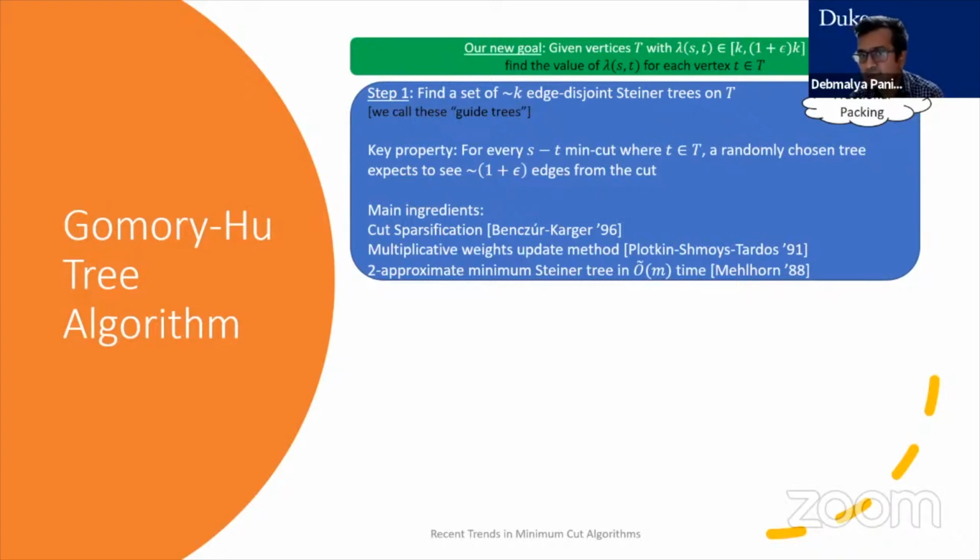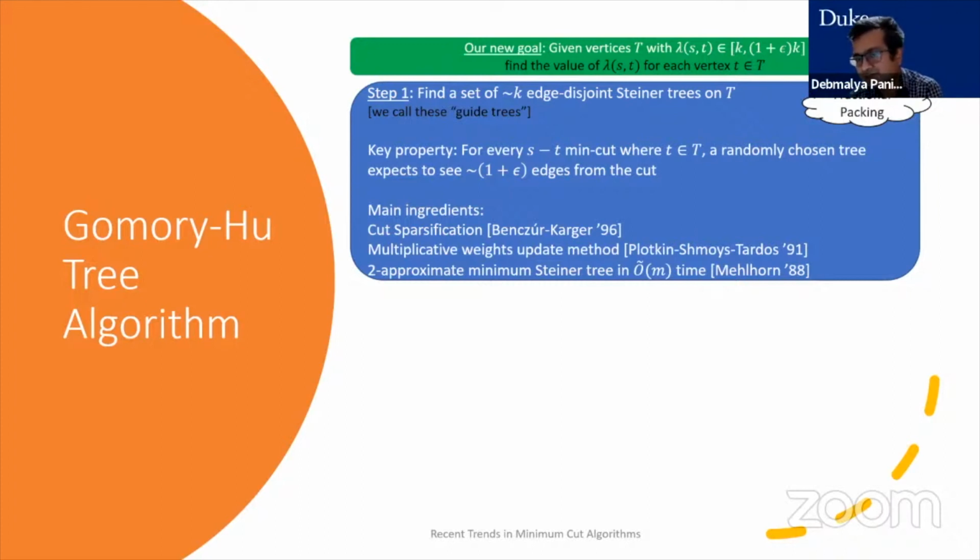What's the key property? Note that the min cuts that we are after have a value between k and 1 plus epsilon k. Now, if we pack a bunch of edge disjoint Steiner trees, then in expectation, if I randomly choose one of these trees, any such min cut can only have about 1 plus epsilon edges in such a tree.